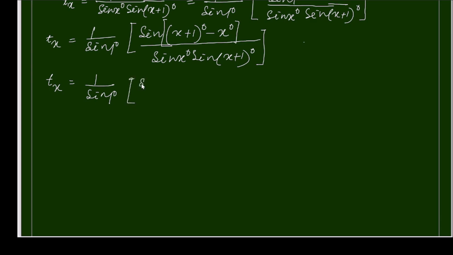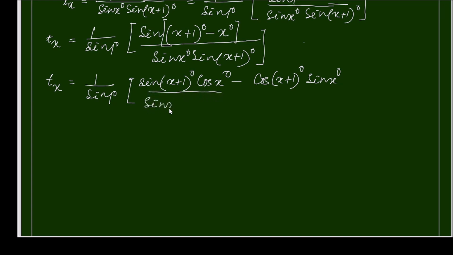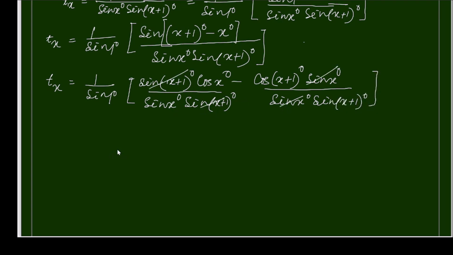So this will be sine x plus 1 degree cos x degree minus cos x plus 1 degree multiplied by sine x degree, and I'll convert this into two terms. In the first term, these two will be cancelled, and in the second, the other one will be cancelled.